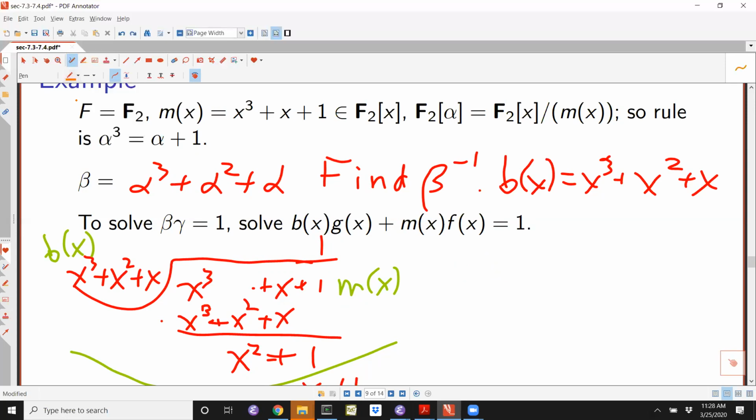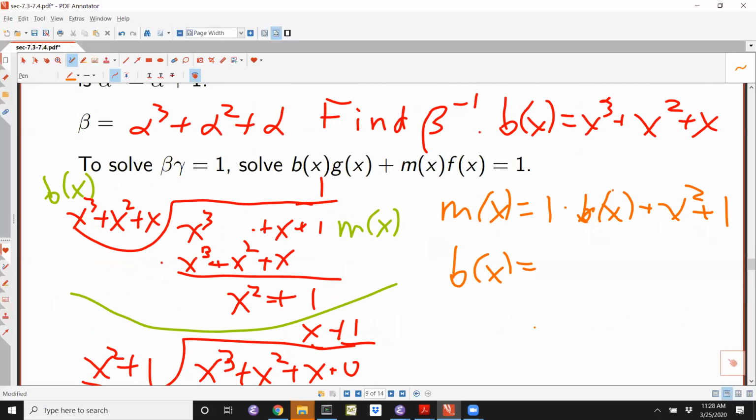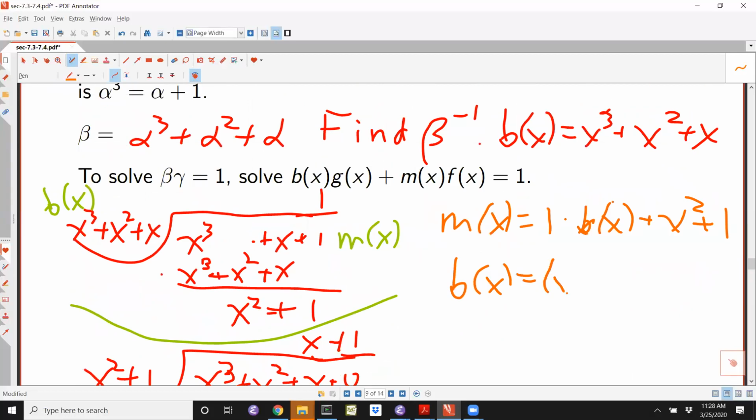And we see that m of x, orange is fine, is equal to 1 times b of x plus x squared plus 1. So that's what that long division tells us. And now b of x, we saw below, is equal to x plus 1 times x squared plus 1, plus 1.